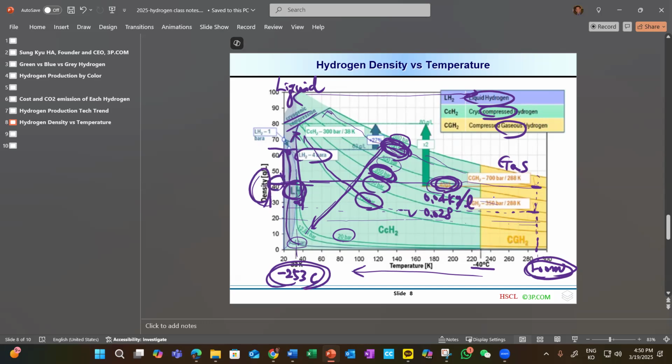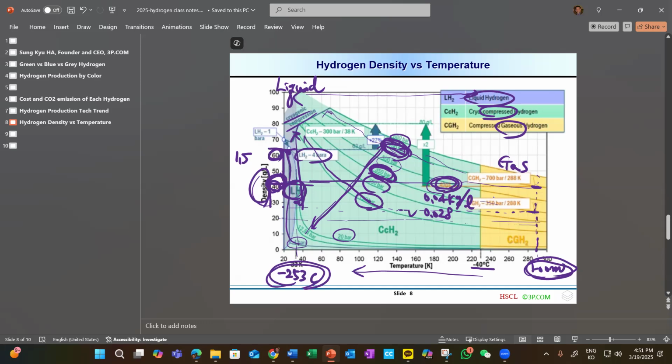So this is about 40 and this is about 50. So, how much hydrogen can be stored in a liquid? Well, compared to 700 bar, there's not much, only 1.5 times, 40 to 60.